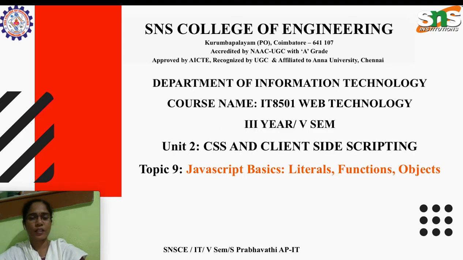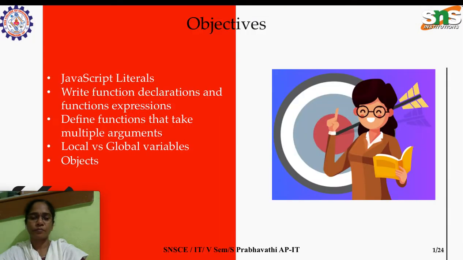So following that continuation, today we are going to see JavaScript literals, functions and objects. These three topics we are going to cover: function declarations, function expressions, defining a function which takes multiple arguments, dealing with local and global variables, and finally the objects.